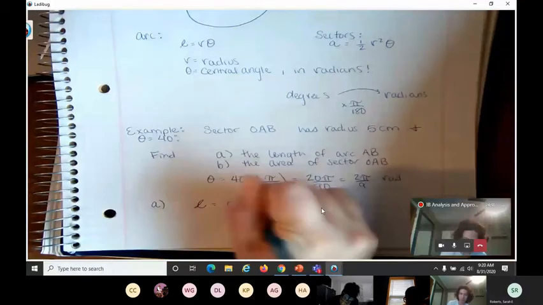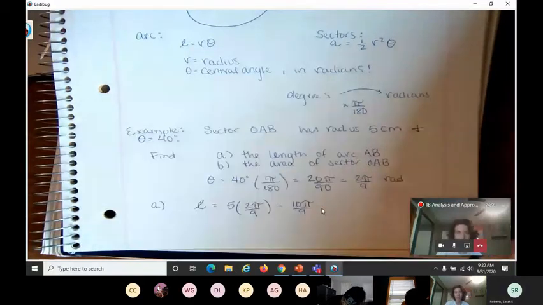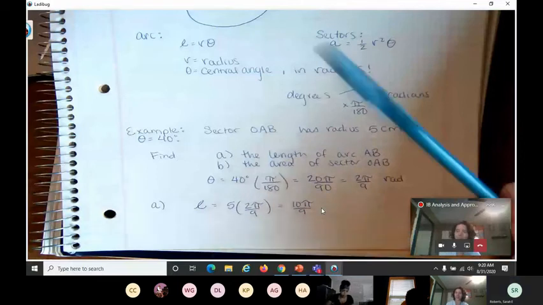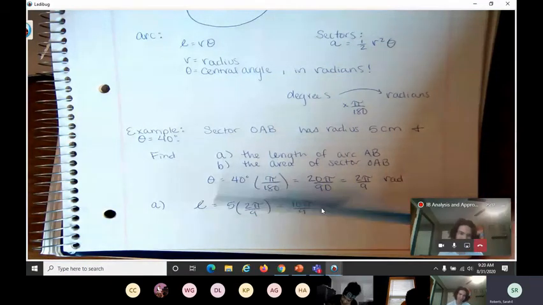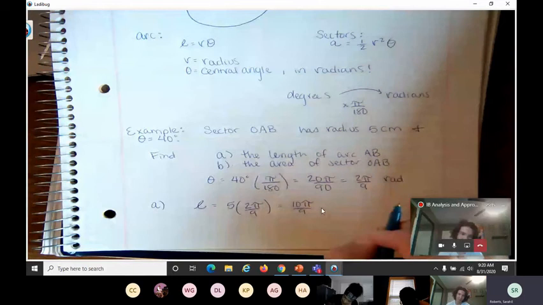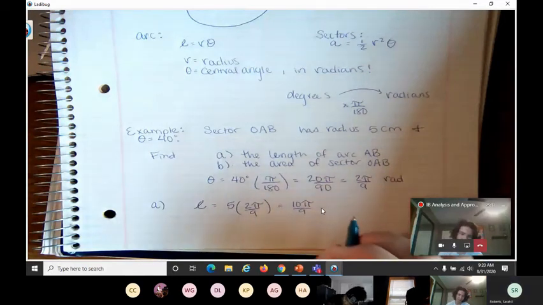Perfect. And what would the units for that be? Is it just radians? It's arc length, right? So what is the unit for our length? Just centimeters. Yeah.